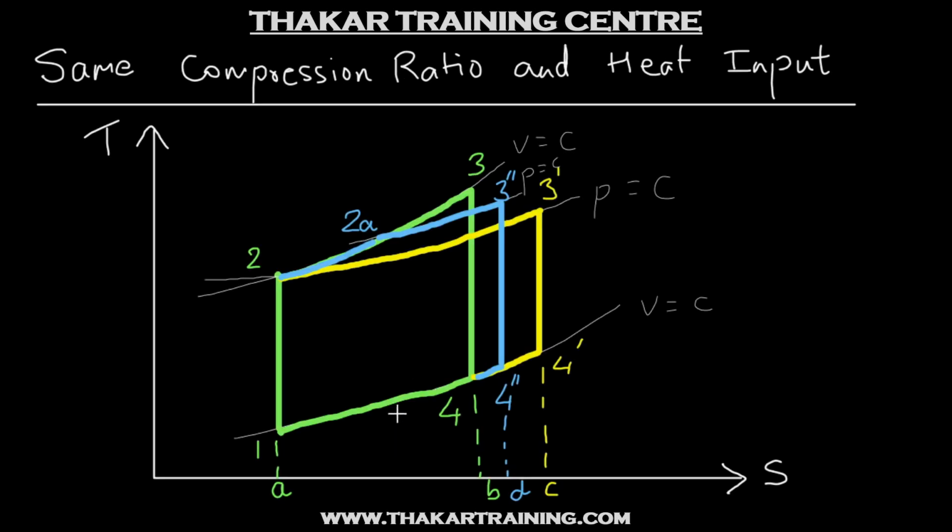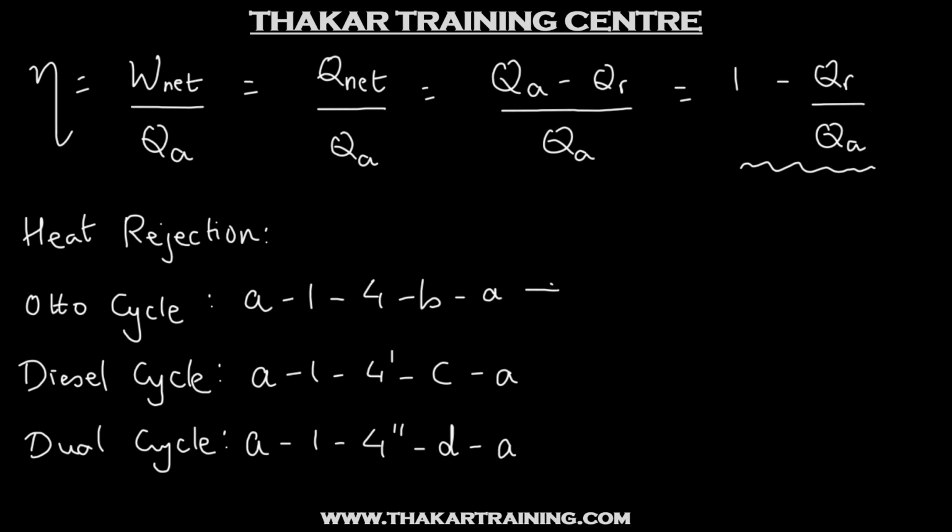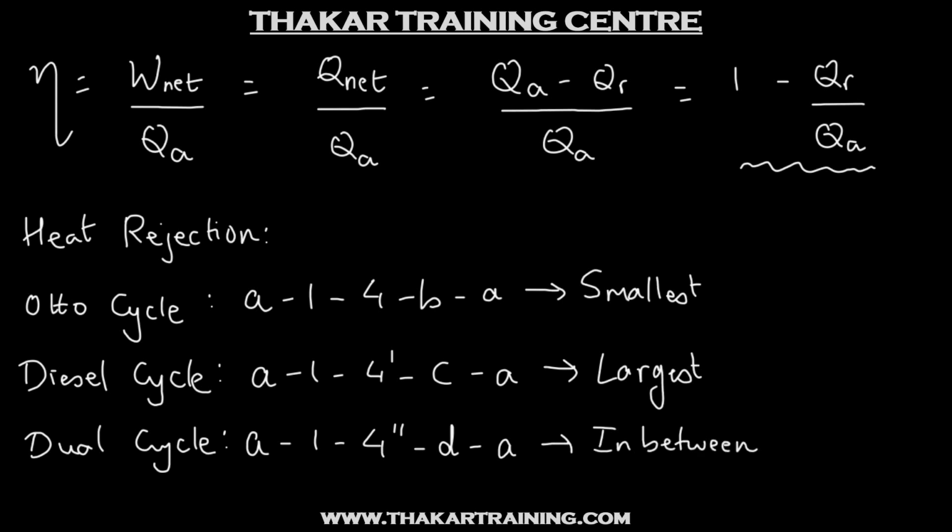So of the 3 areas, can we mark out which is the largest and which is the smallest? Clearly the green area is going to be the smallest, whereas the diesel cycle heat rejection is going to be the largest. So the Otto cycle has the smallest area, the diesel cycle has the largest area, and the dual cycle is in between.